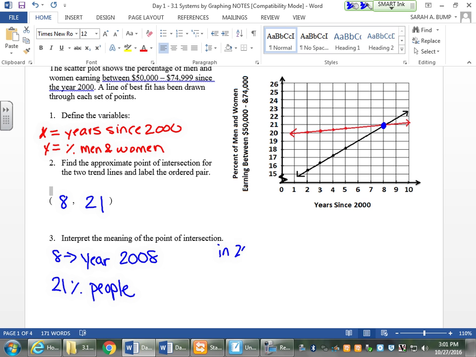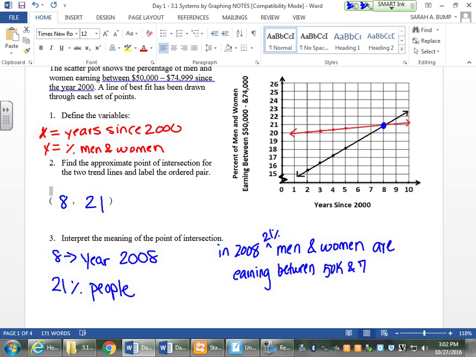So in 2008, men and women are at the same percentage. Or I should actually say in 2008, 21% of men and women are earning between 50,000 and 74,000.